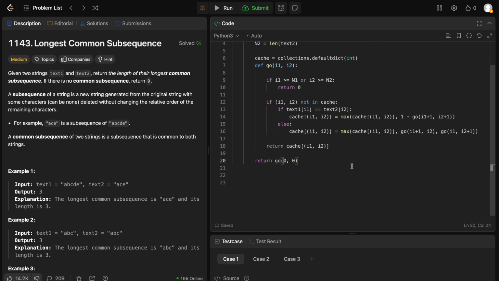And this is all, I'm not sure why it's not written, but time complexity. So both are, well, let's say 1, 1, 2.